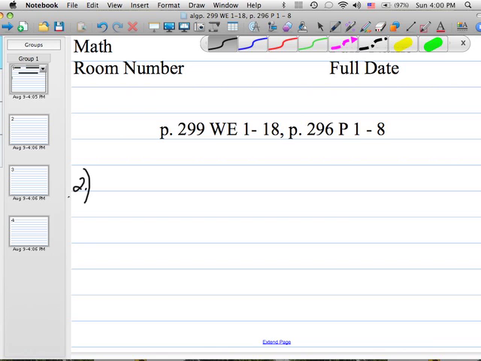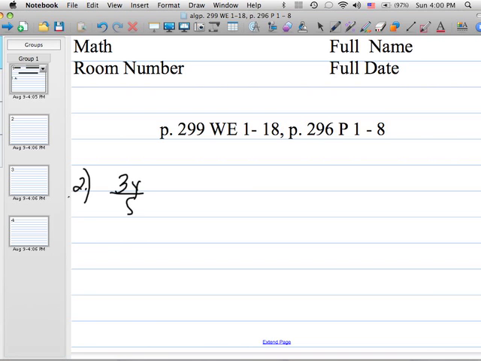So problem number 2 on page 299. You're to go to the oral exercise and copy that problem down as 3y over 8 plus y over 4 equals 10. Put the 10 over 1.